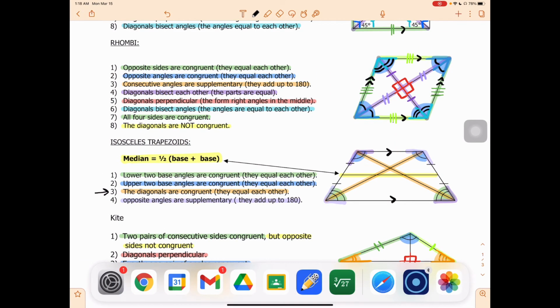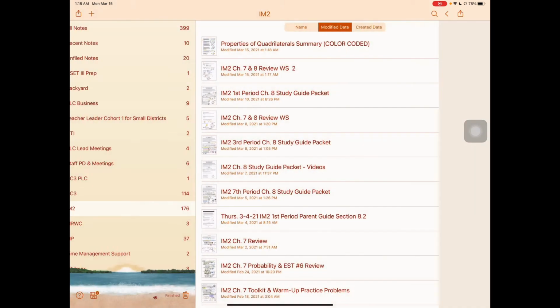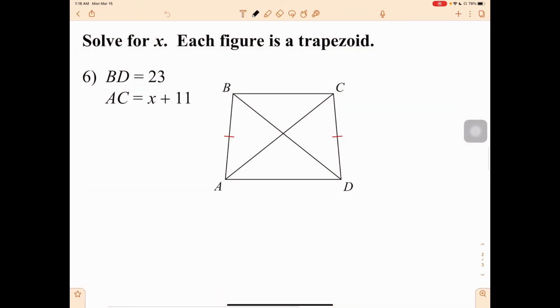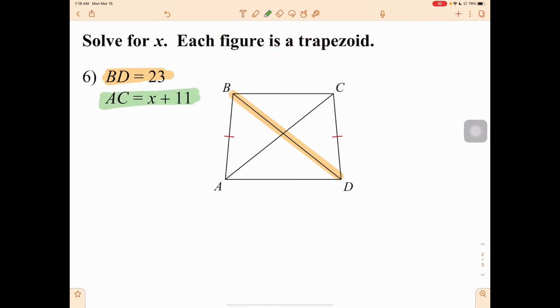All right, so if I go back, so we are given BD, which is this one here, BD, and AC. And we just looked at our properties of quadrilaterals, and we know that the diagonals are equal.